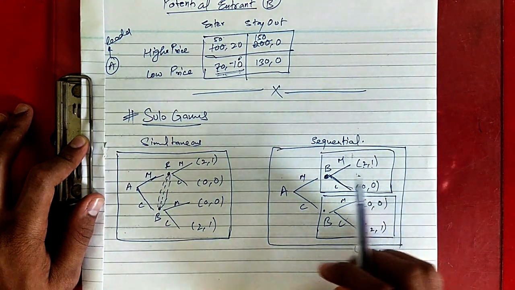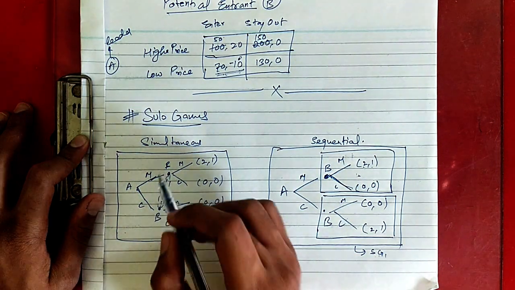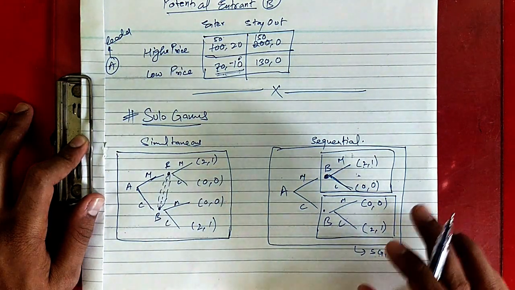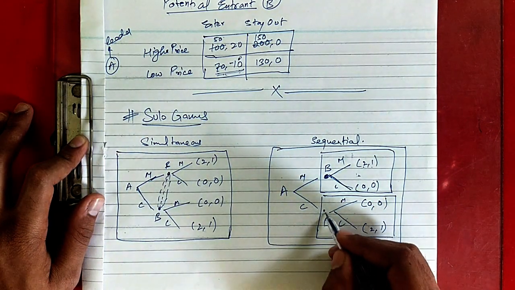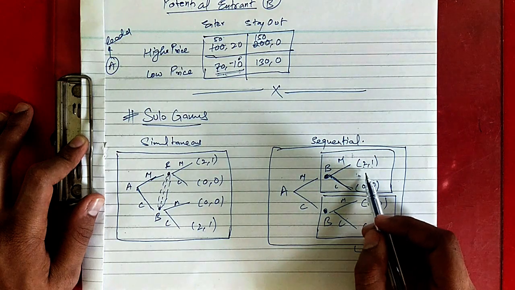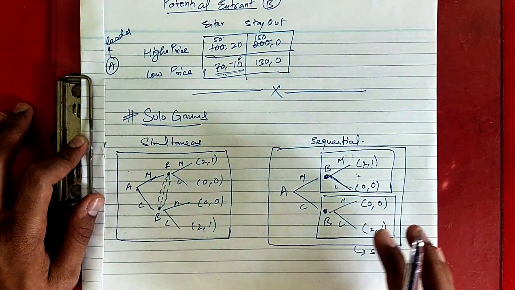In the simultaneous game, there is only one proper subgame, that is the game itself. But here, there are three proper subgames.